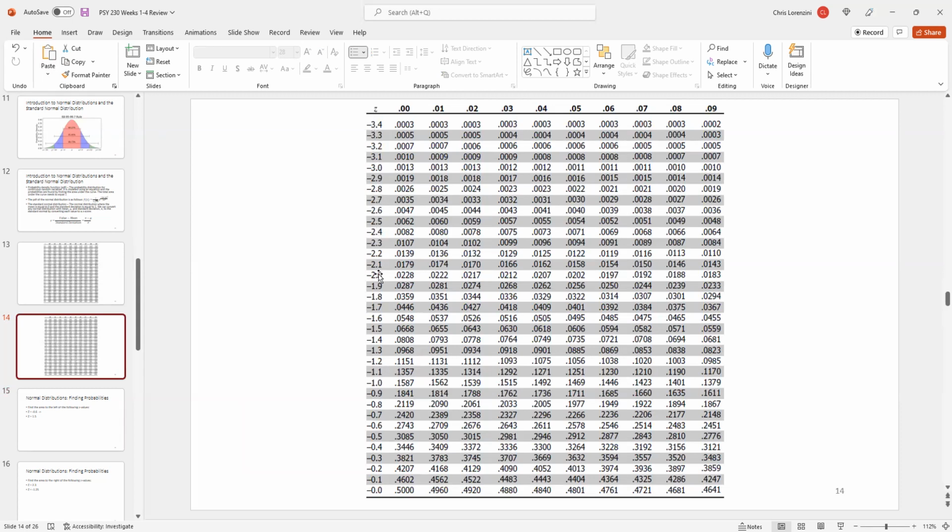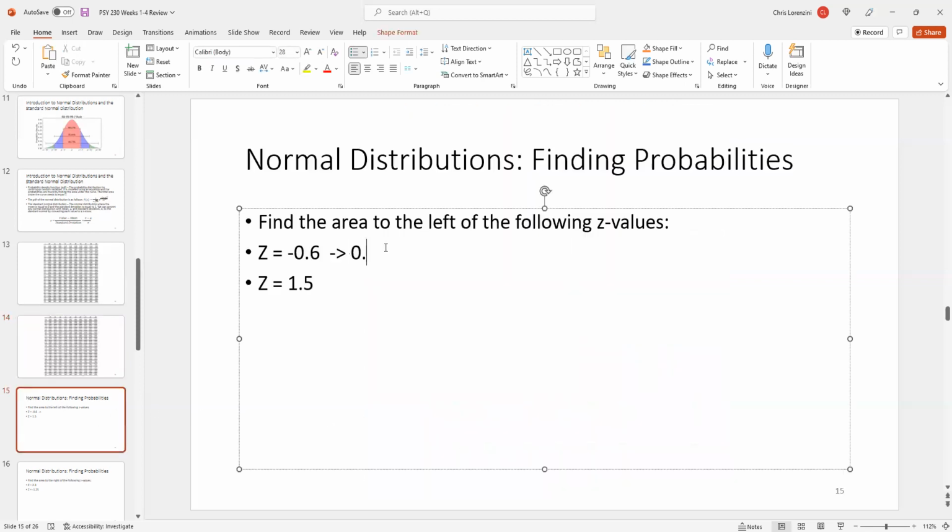I'm going to come down the left-hand side here, scroll down till I see negative 0.6. I see it right here. And then I'm going to use that first column because there is not another digit. That's the same as 0.60. So I come down and I see that that value becomes 0.2743. So the area to the left under the normal curve of negative 0.6 is 0.2743. And that's how we do that.